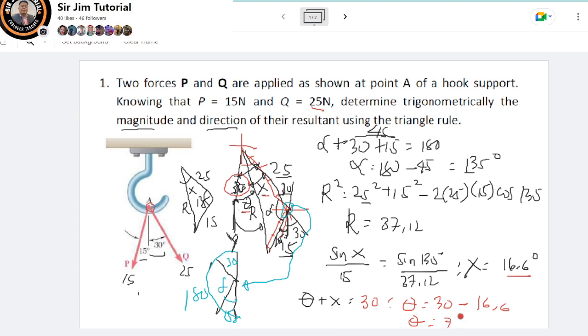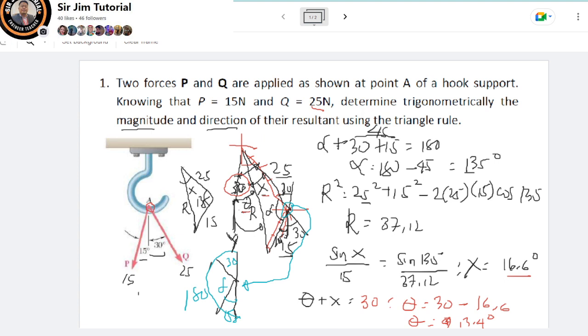You will use your calculator. It is 13.4 degrees. That is if it is coming from the vertical.